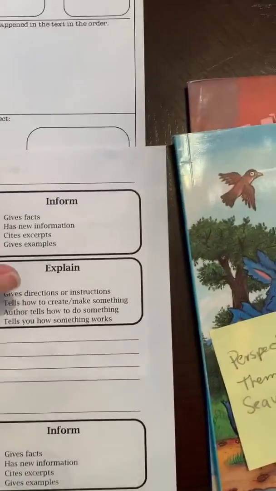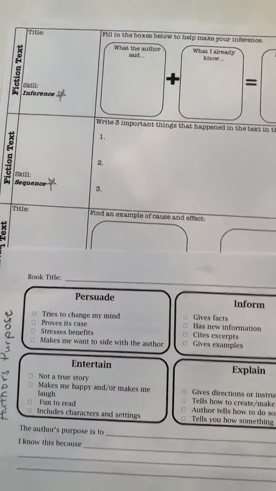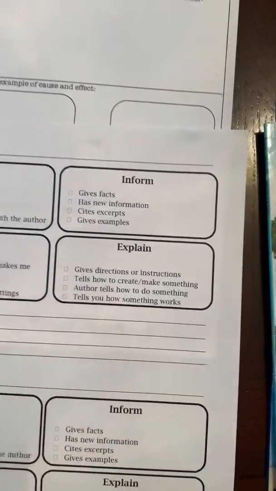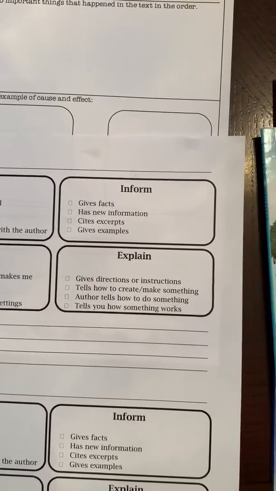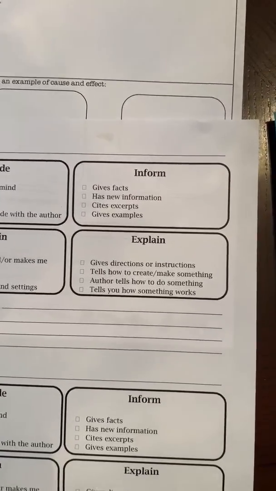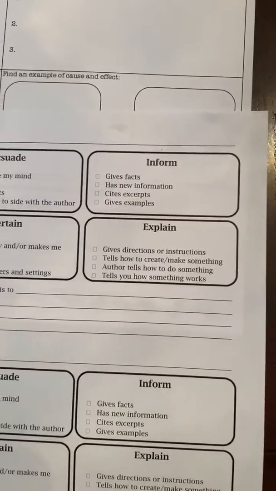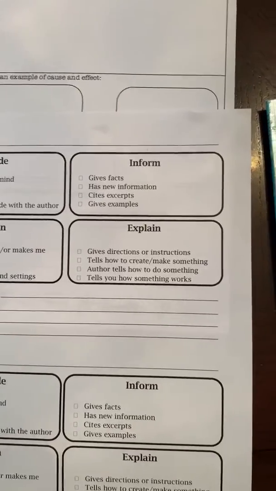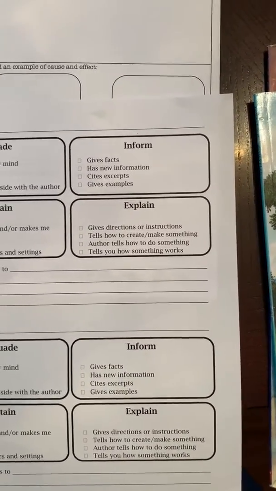I was thinking about how we talked about the step-by-step way to make a peanut butter sandwich for sequencing; that would also go along with explain, giving directions, instructions. MapQuest will do this if you're trying to get to your friend's house, which we would probably all like to do about now, since we've been stuck in our own homes without play dates for about a month now. So anyway, that is explain, if it tells you how to do something.